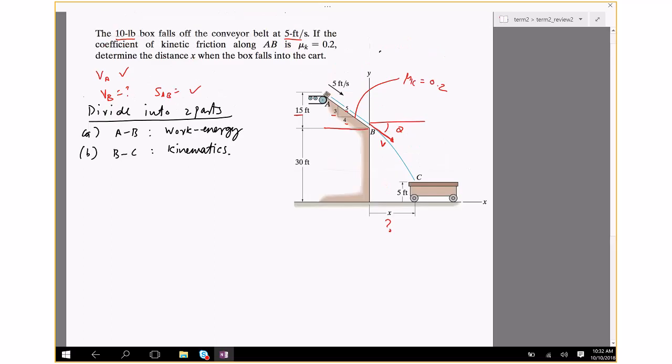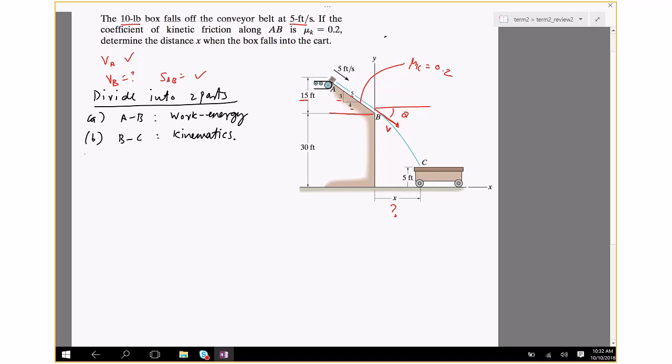Weight of the box is 10 pounds. So let's set up the equations. From A to B, work energy: T1 plus U12 equals T2.